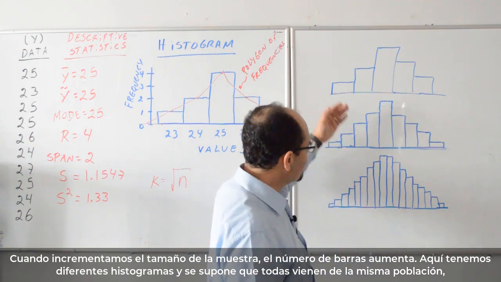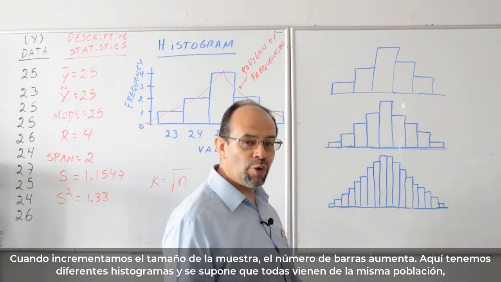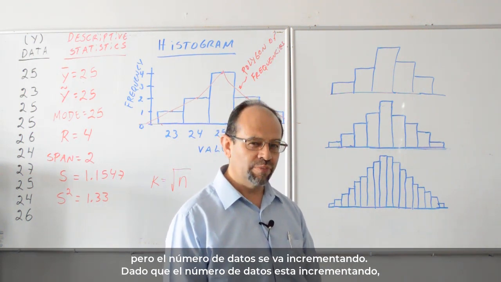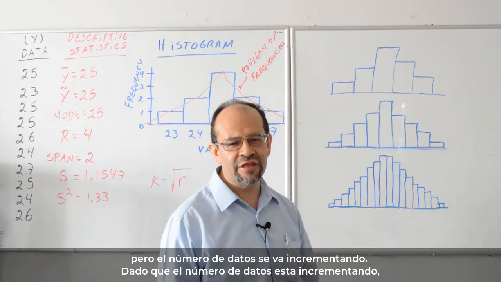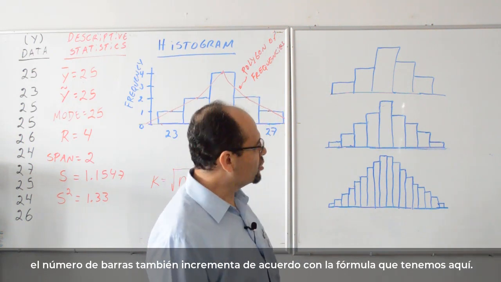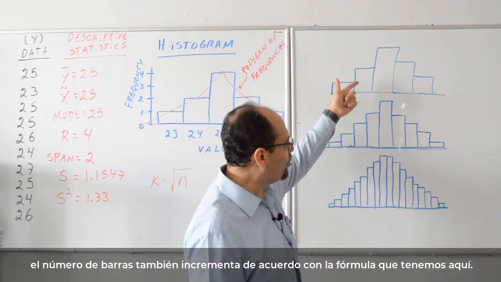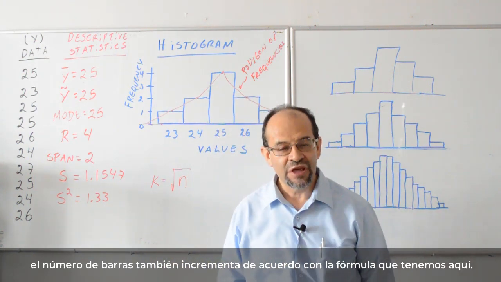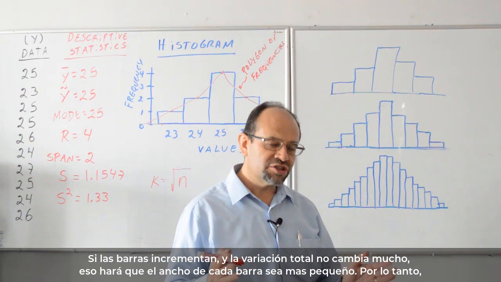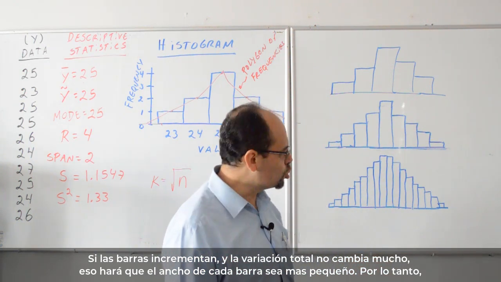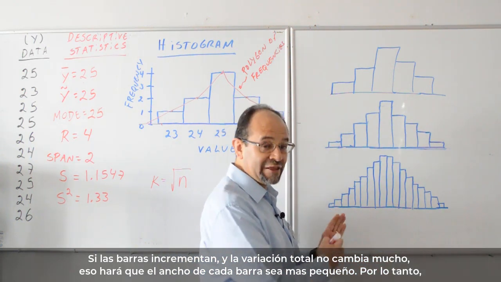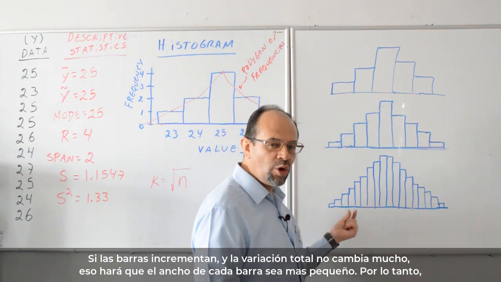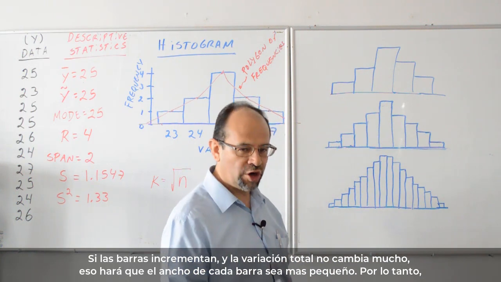So we are having here different histograms, and it is supposed that all of them are coming from the same population. But the number of data is increasing. If the bars increase, usually what will happen is that the total variation doesn't vary much, so that means that the width of each of the bars will be smaller.